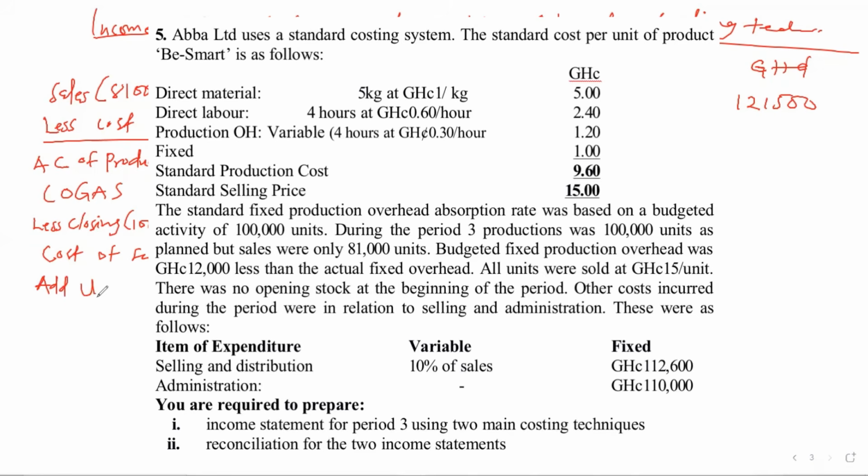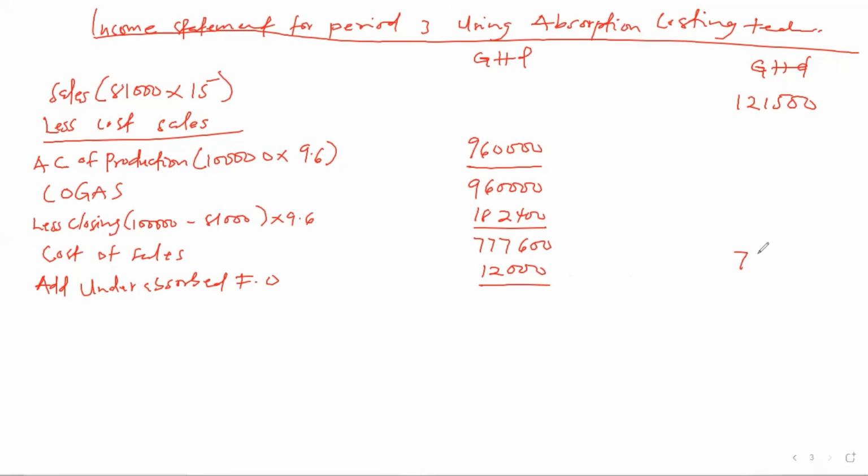under absorbed fixed overhead, which in the question they said is 12,000. So 12,000, when we add to this, we get 789,600.